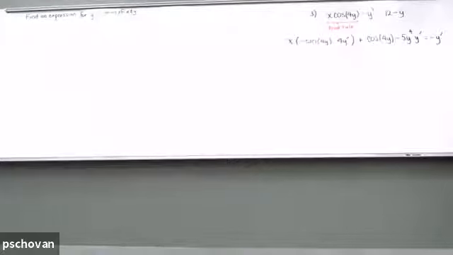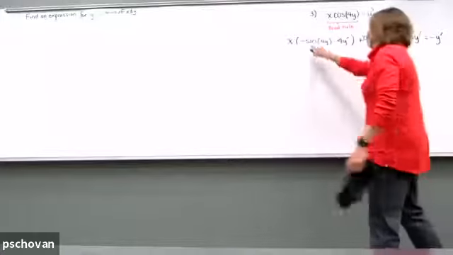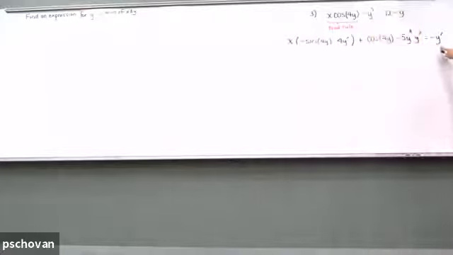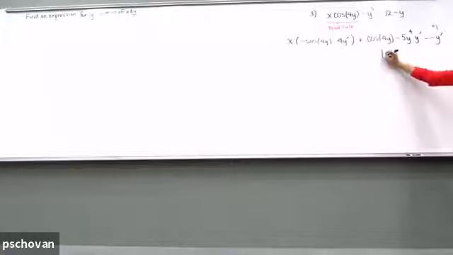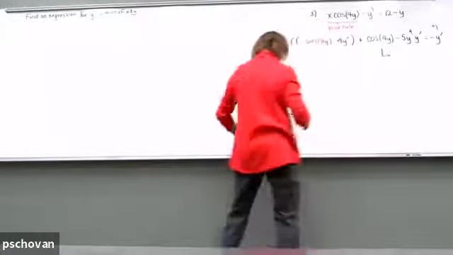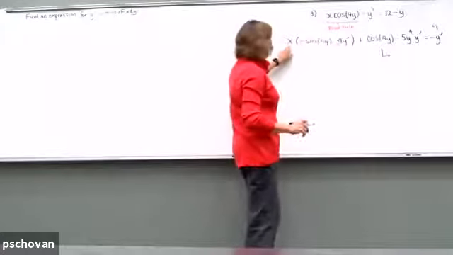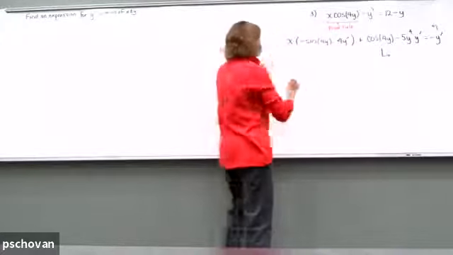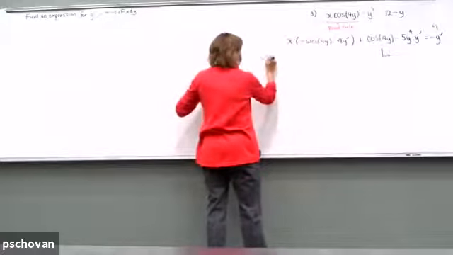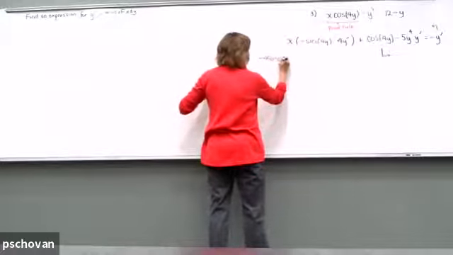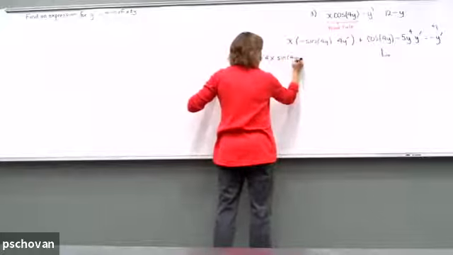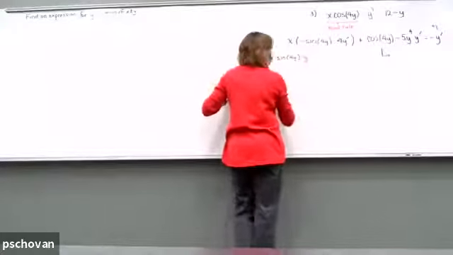Okay, so I have 3 terms that have a y prime on them. This one, and that one. So let's move this one over there. Take this one over here. Let's simplify this. Let's put the 4, the minus sign, and the x in the front. So minus 4x sine of 4y times y prime.